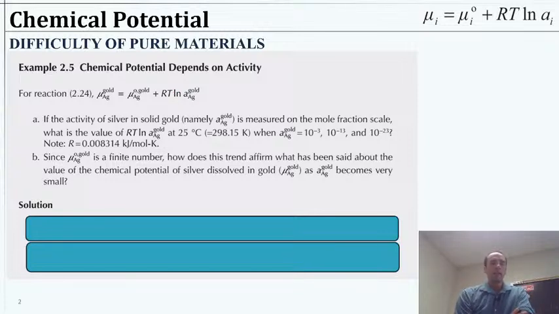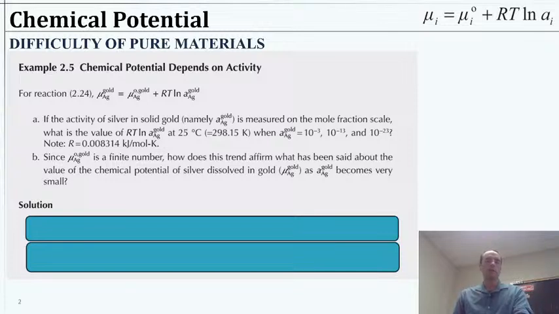It says, if the activity of silver in solid gold, namely the activity of silver with gold as the superscript here, is measured on the mole fraction scale, what is the value of RT natural log of the activity of silver at 25 Celsius when the activity is 10 to the minus 3, 10 to the minus 13, and 10 to the minus 23?